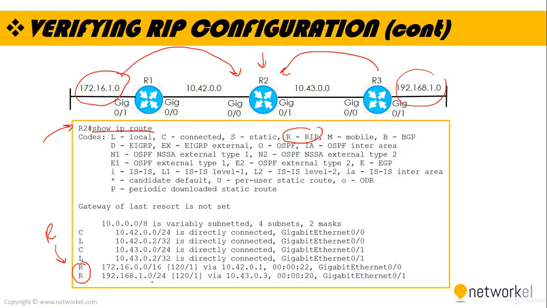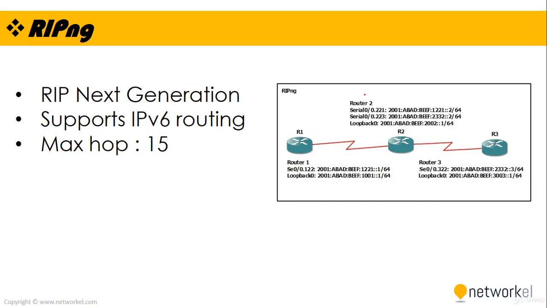As you can see, I'm learning the 172.16.0.0 network via 10.42.0.1, which is here, and I'm learning the other network via 10.43.0.3, which is here. Let's go ahead with RIPng.